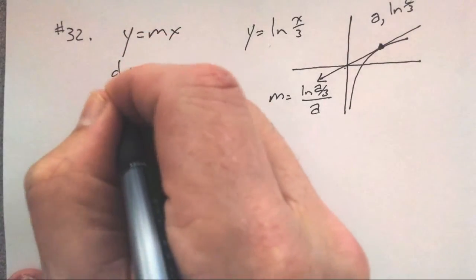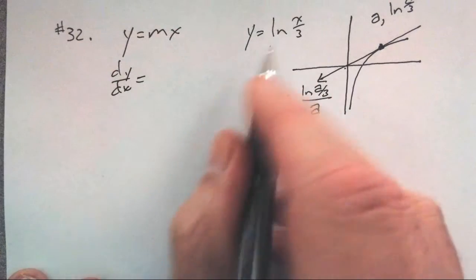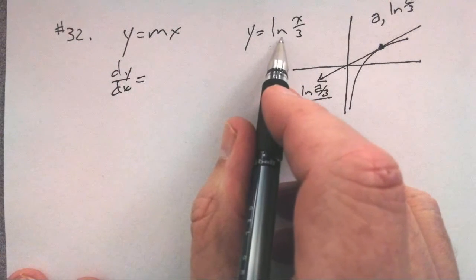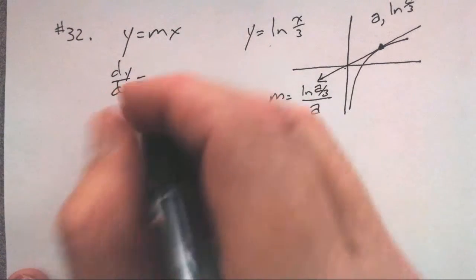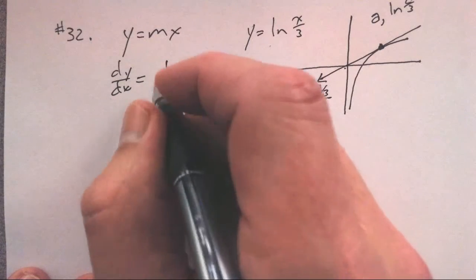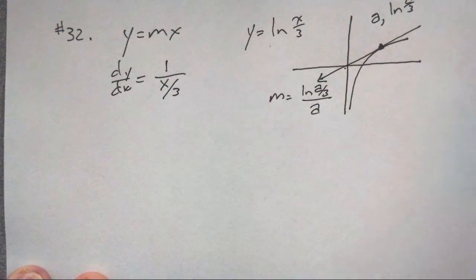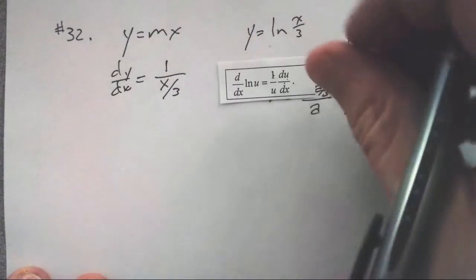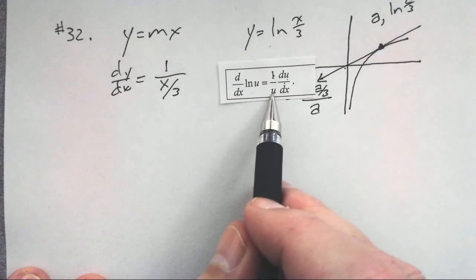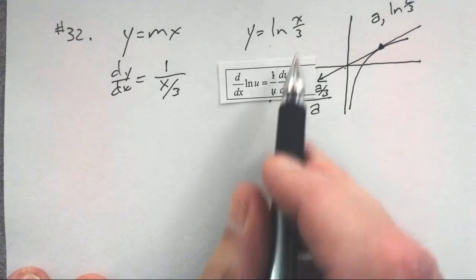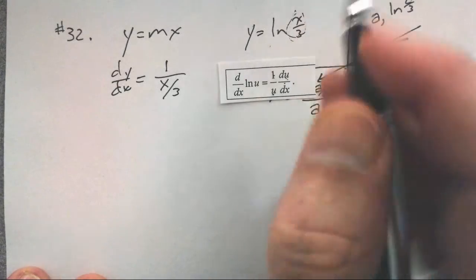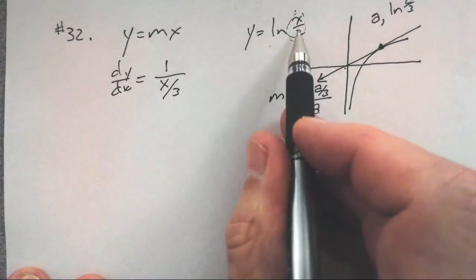dy/dx would be the derivative of ln(x/3), which is 1/(x/3). Do we need to take a look at that one again? Maybe we should. It's 1 over the inside function times the derivative of the inside function, x/3.